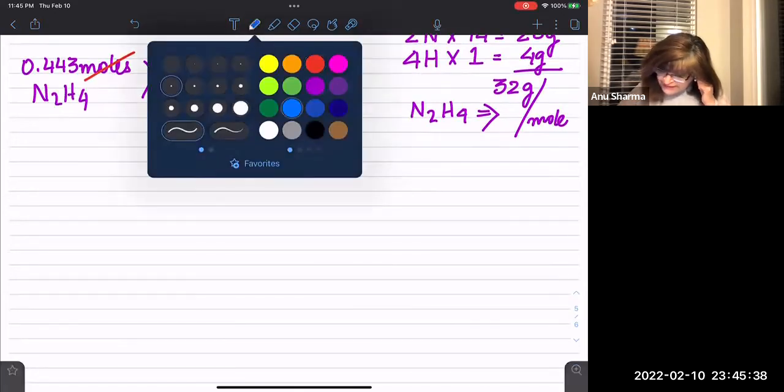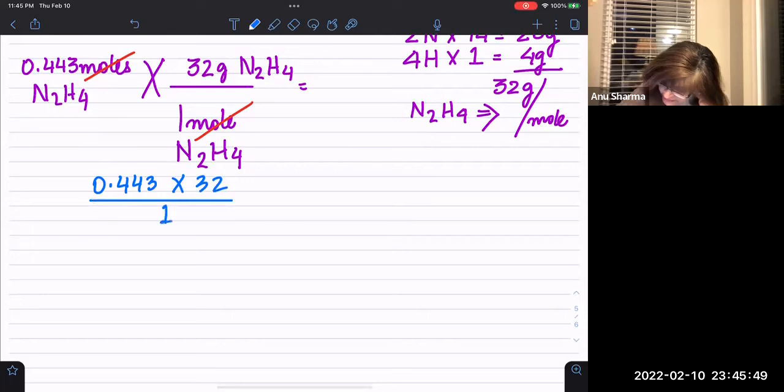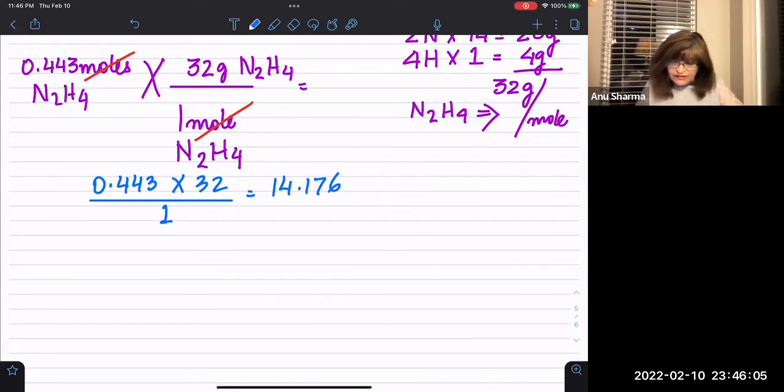So all you need to do next is 0.443 times 32 over 1. This gives you 14.176. Generally your book is condensing it to just 1 place after the decimal. Wait, it's a multiplication, so we need 3 significant figures here.